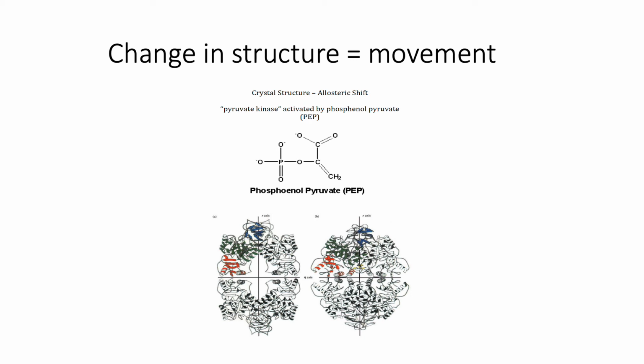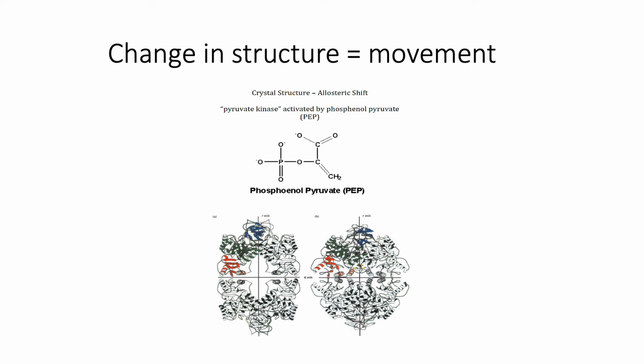So this is the crystal structure of the pyruvate kinase without PEP on the left and with the PEP. And you can see from the crystal structure that there's clearly a change in the conformation of the protein.